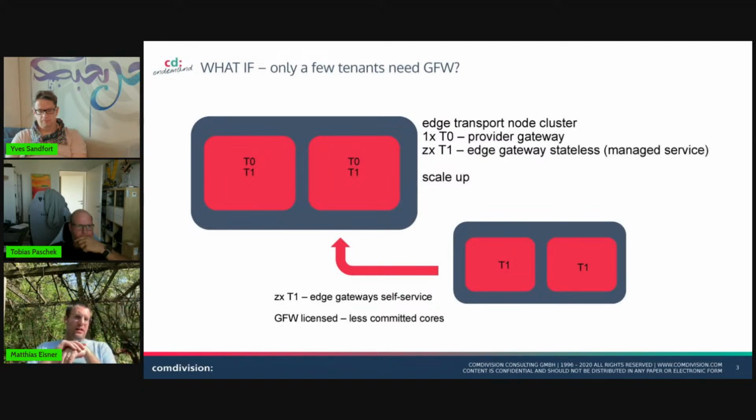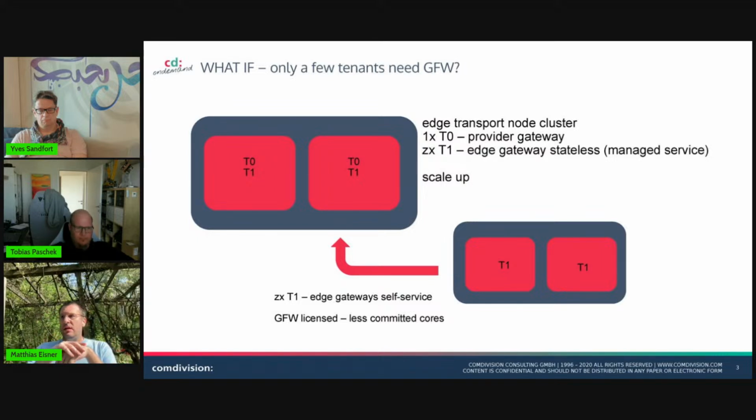And the few tenants you have, you place those edge gateways on a separate edge cluster, which is licensed with the gateway firewall. And those edge transport nodes have only 2 virtual CPUs instead of 8. So it's 2 times 2 is 4 times 4. So you license only 16 instead of 64.